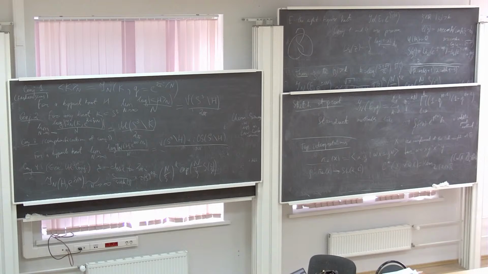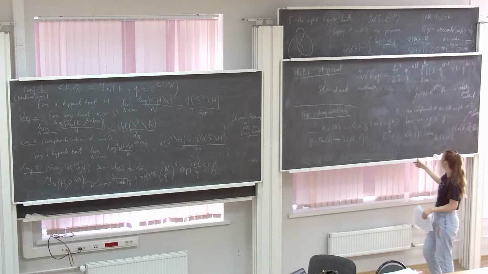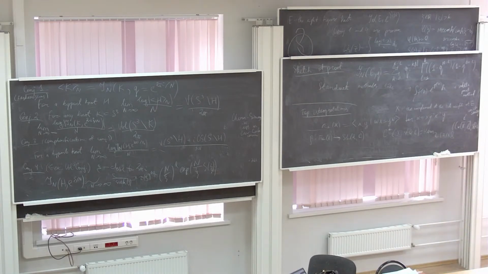Это универсальное накрытие. And we can consider the thing twisted by the adjoint action of rho, and this is called the adjoint Reidemeister torsion, if I'm not mistaken.